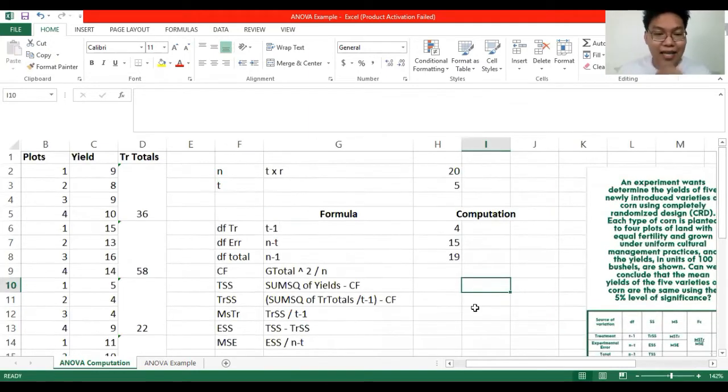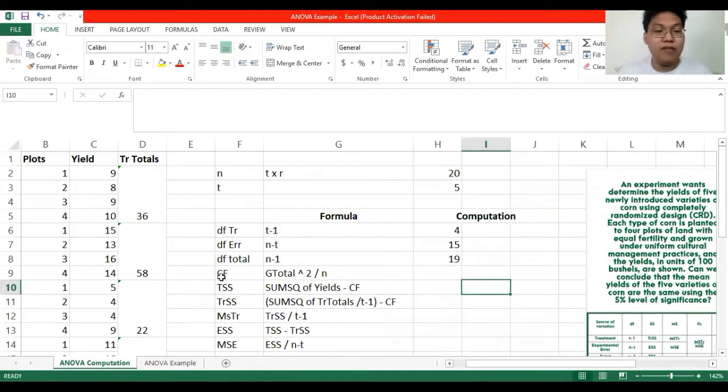Okay, so next, let us have these. First is our correction factor. The formula for correction factor is G total, which is our grand total, squared, then over our n.